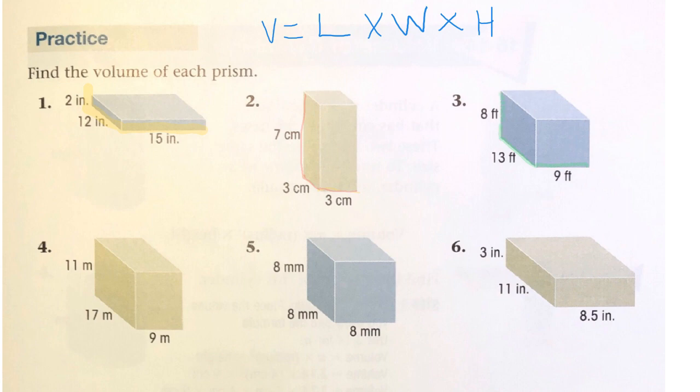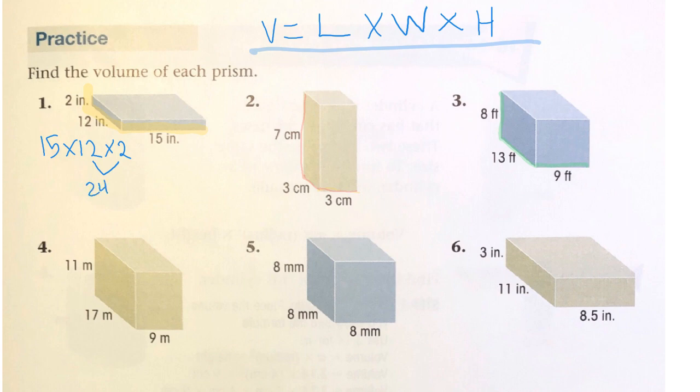All right, so let's put the numbers together. We have our formula already for all of them. Now we just replace the length. So we've got 15 times 12 times 2. The order doesn't matter, but we can do 2 times 12. That's going to be 24.